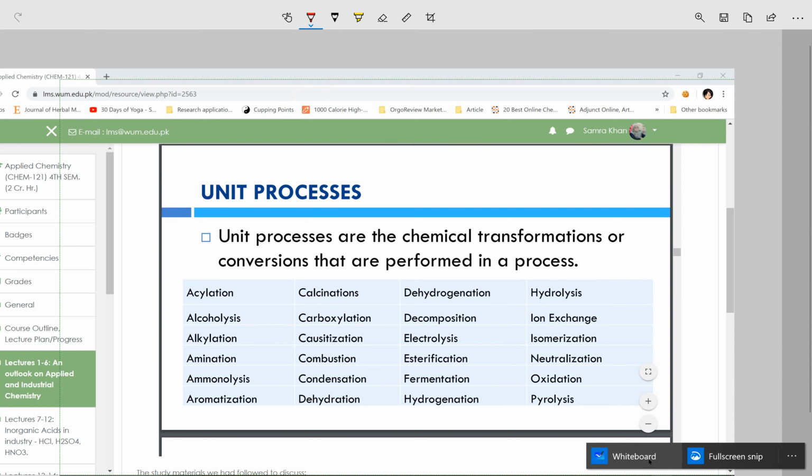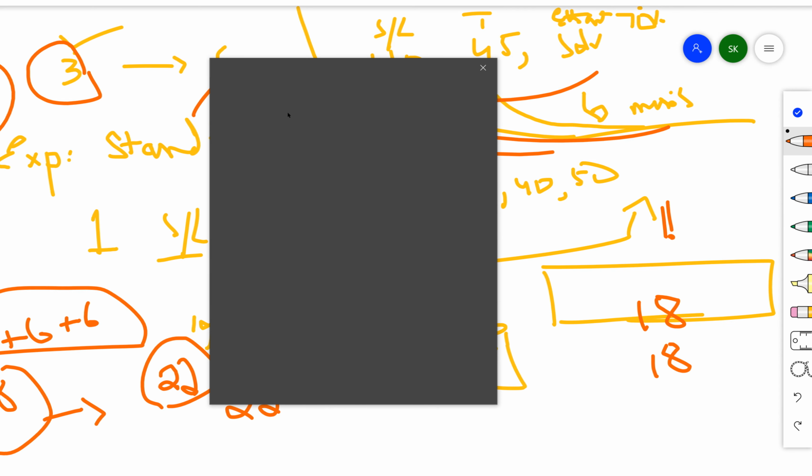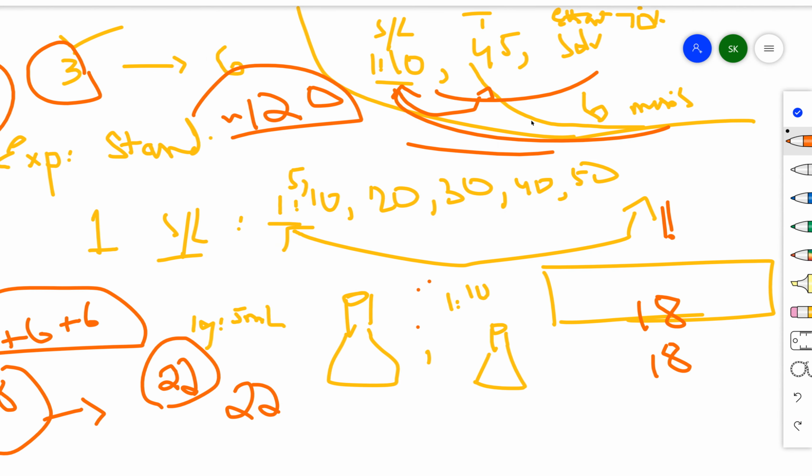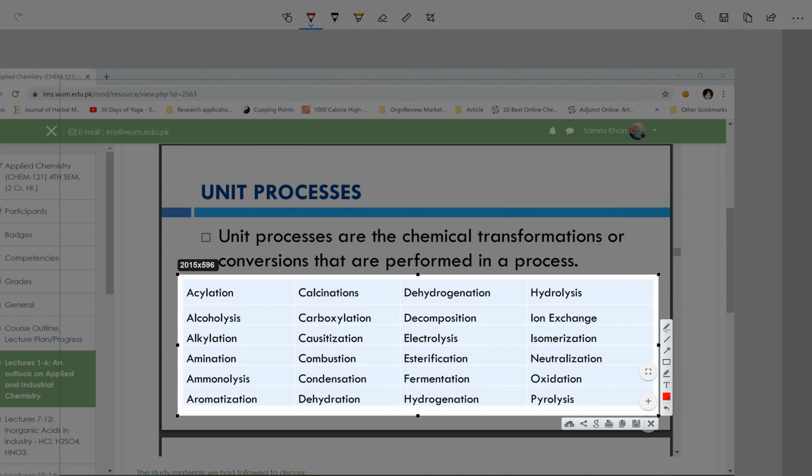I think it has to do with the screen recorder I have. Please excuse my whiteboard. Okay, all right, this is working. So let me take a quick snapshot of it.